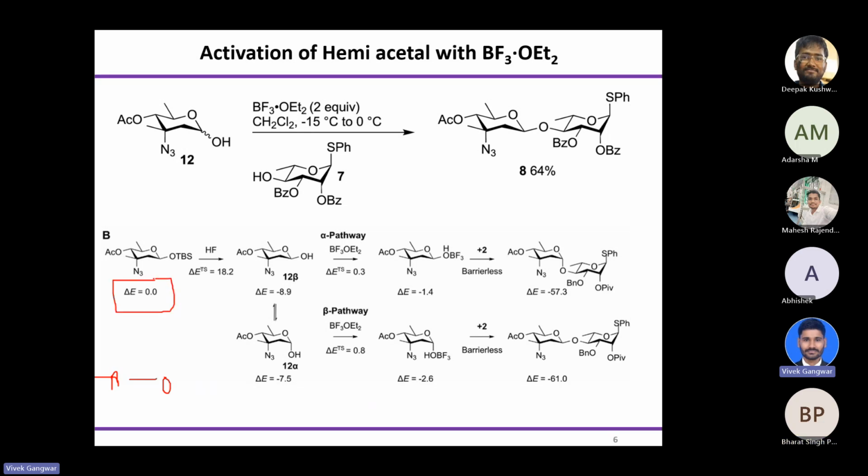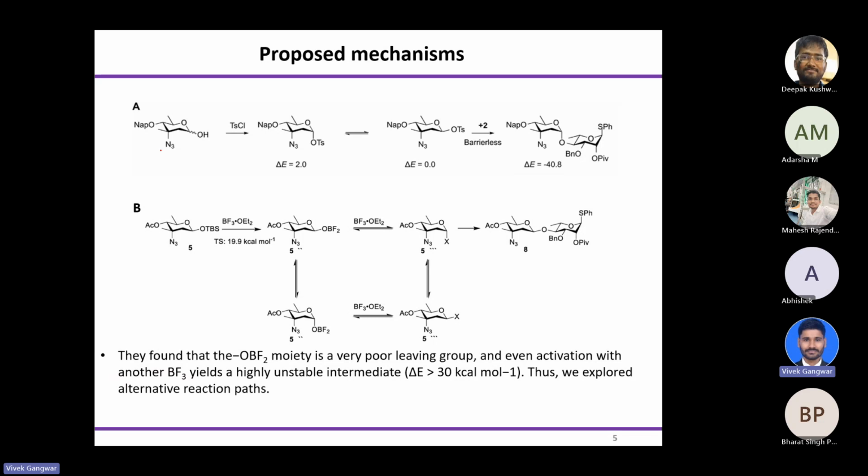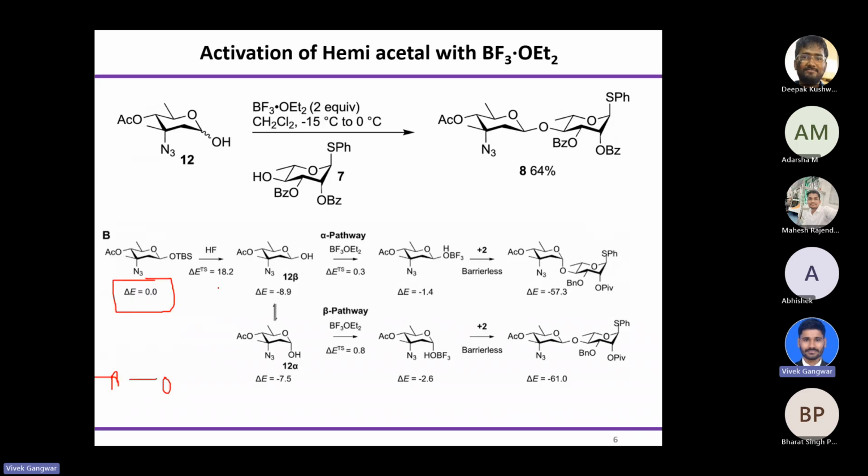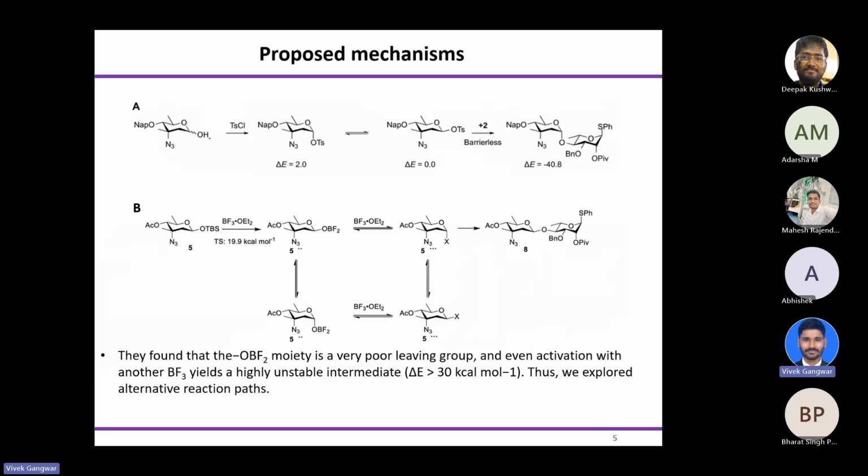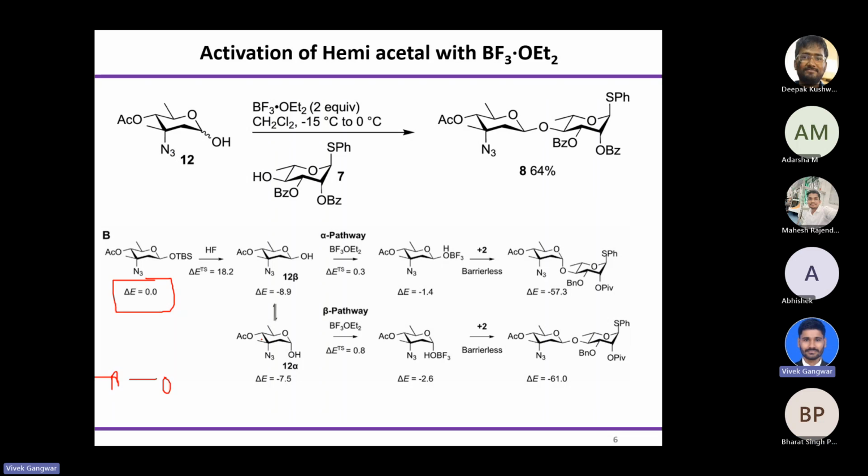So maybe the energy of this one is 0, or they are taking 0 for this one for the whole reaction mechanism, because we cannot take it otherwise. If they are doing OTBS or OTs, they take the same reference point to check the delta E. But they do not separately find out E, because we cannot calculate E alone; we always calculate delta E. For that we need a reference, like in NMR we take TMS to reference things.